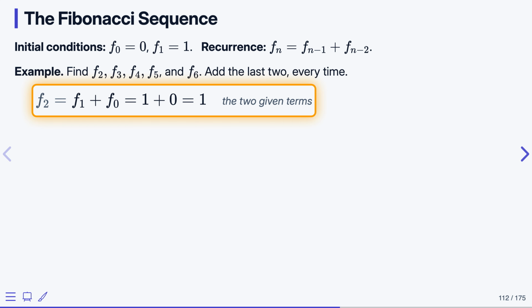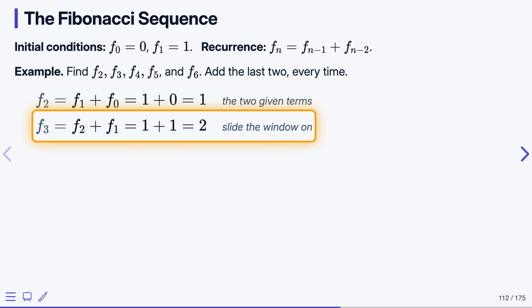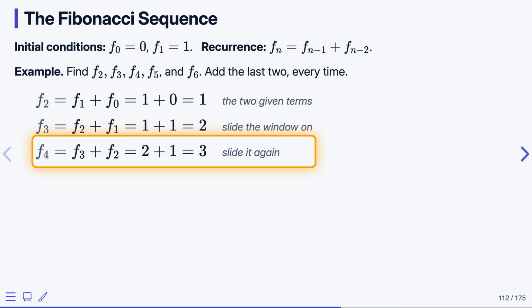Let us build it. F sub 2 is F sub 1 plus F sub 0, which is 1 plus 0, which is 1. F sub 3 is F sub 2 plus F sub 1, which is 1 plus 1, which is 2. F sub 4 is F sub 3 plus F sub 2, which is 2 plus 1, which is 3.